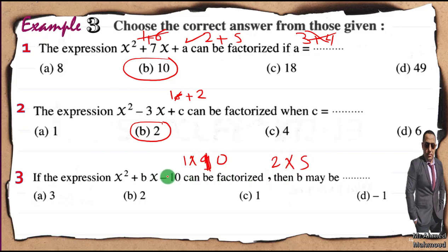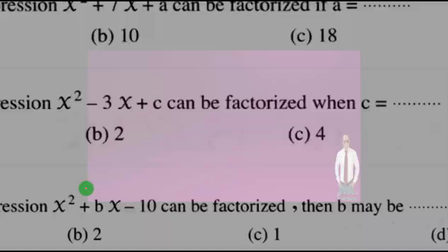Because this sign is minus, I need the difference. 10 minus 1 equals 9, and 5 minus 2 equals 3. I don't have 9, but I have 3. So this expression can be factorized if b equals 3.